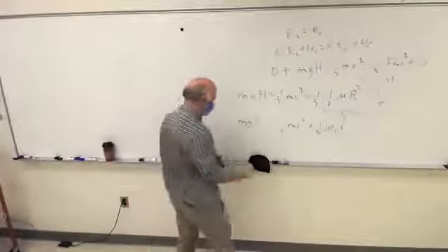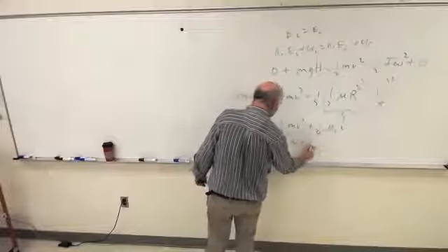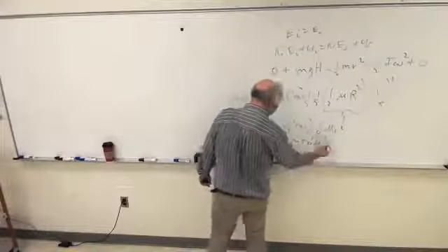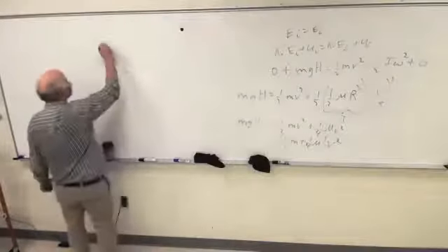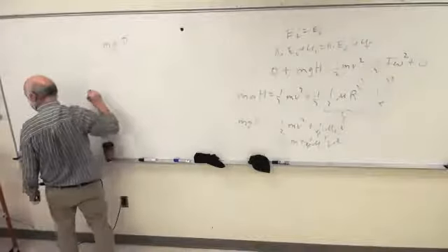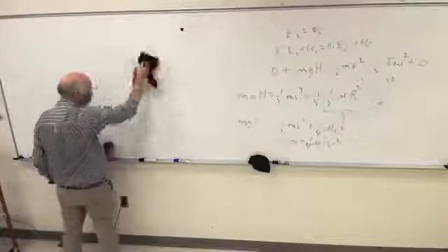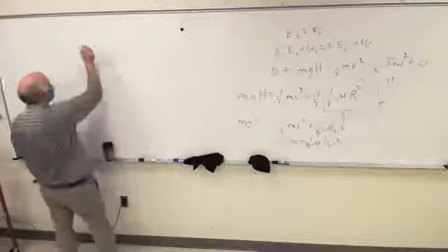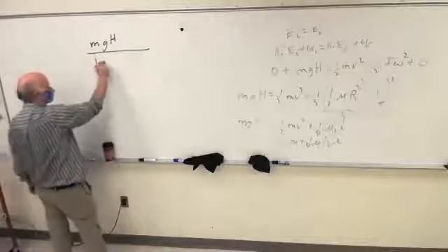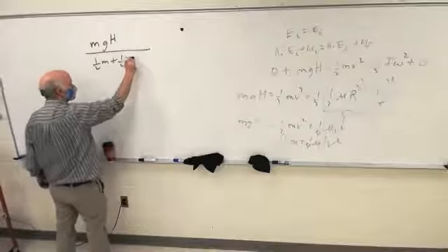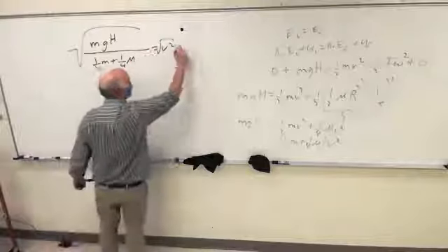Take out the v squared. Divide through by this mess here. Take the square root.